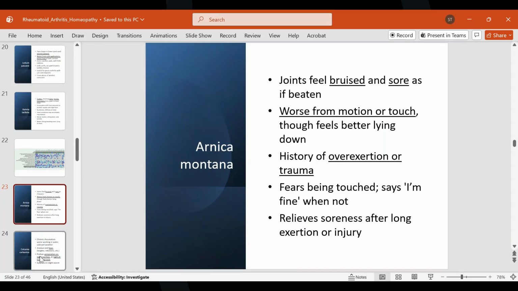Arnica is a great remedy if people wonder, should I go to the hospital or not? If you take arnica, a few doses and the pain goes away, it's probably not too serious. If you take arnica and it helps, but you have to keep taking it, then you might have a fracture.